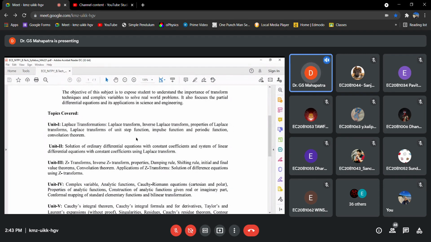You have already studied the convolution theorem for the Fourier transform. For the Laplace transform also, the convolution theorem is included in your syllabus.